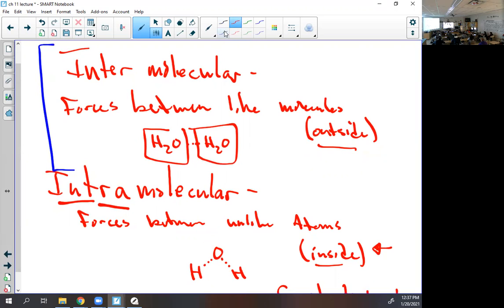Chapter 11, we will focus on intermolecular forces. They are called IMF for short, intermolecular forces. It is of absolute importance that you understand the difference between them.